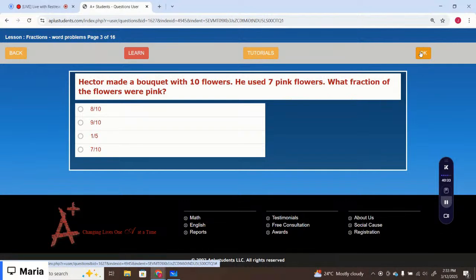The correct option is 7 out of 10. That's not 10 out of 7, that is 7 out of 10, because the smaller number is always in the numerator. Denominator is always greater.